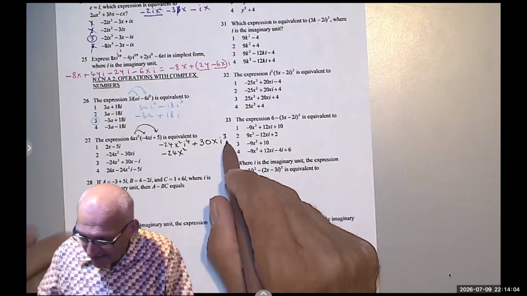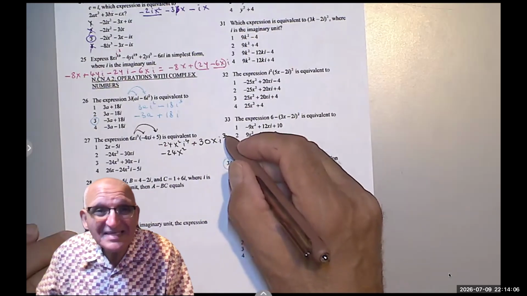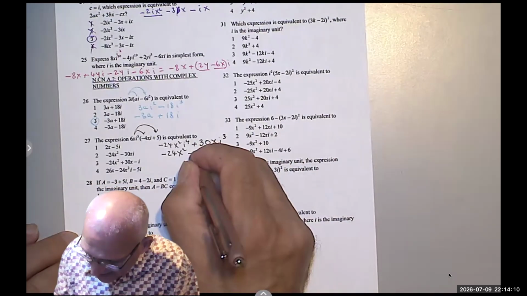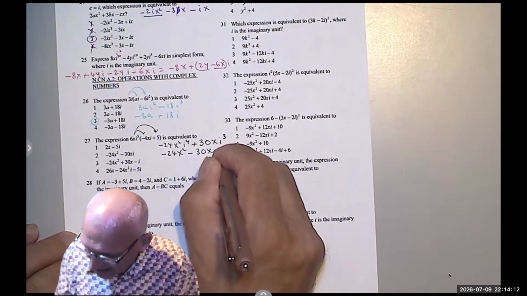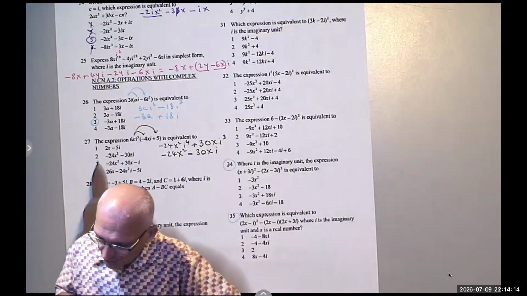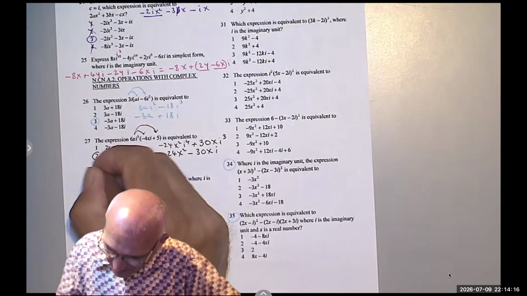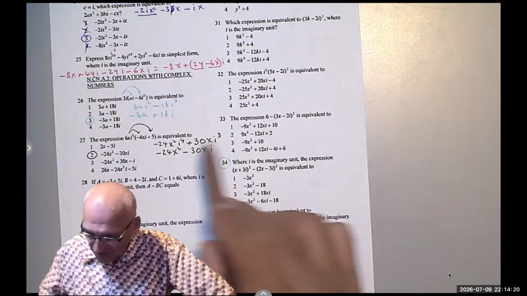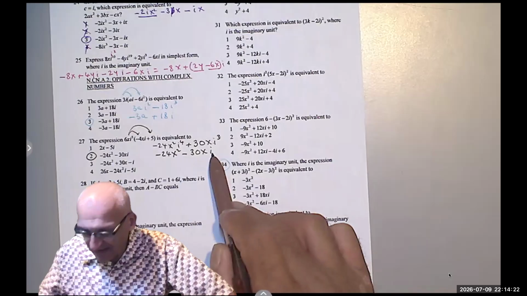The second element, i cubed, is negative i, so the positive becomes negative 30xi. And that's number 2, right? Do you see that? i cubed is negative i, so the negative times positive and the i.